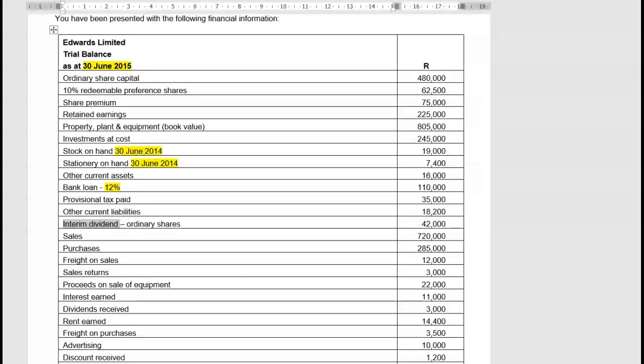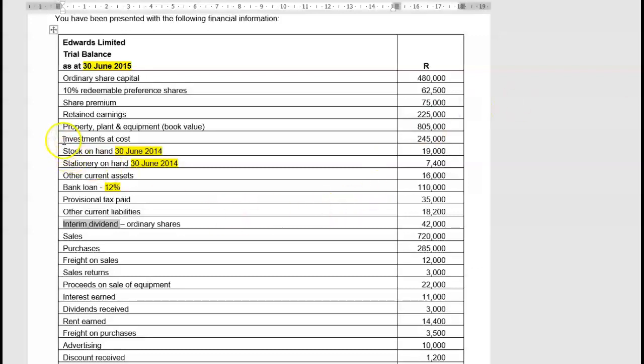Now, equity distributions are not shown in the income statement. So dividends paid by an organization go to the statement of changes in equity because it is a distribution of the profits to the equity holders of the entity. So never ever will a dividend paid be included in the income statement.